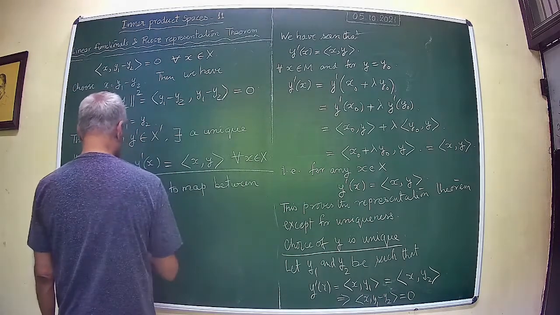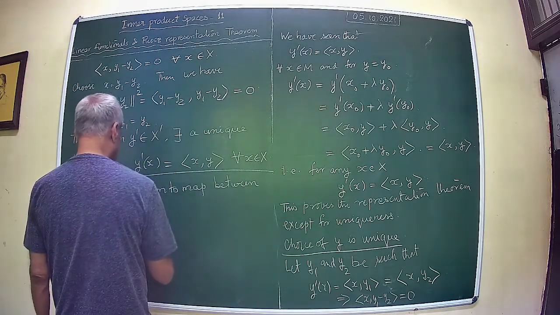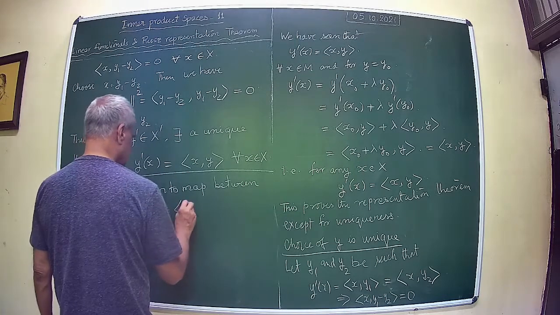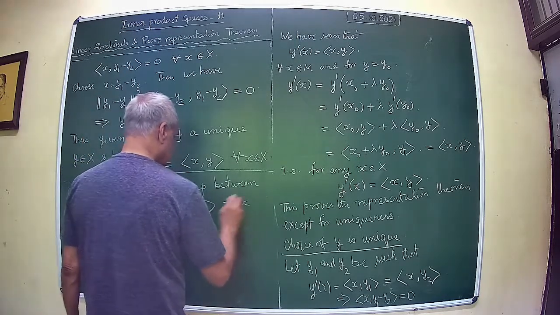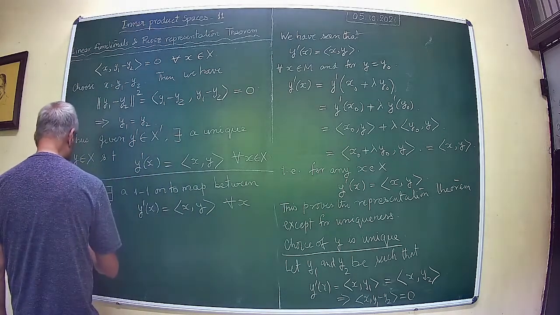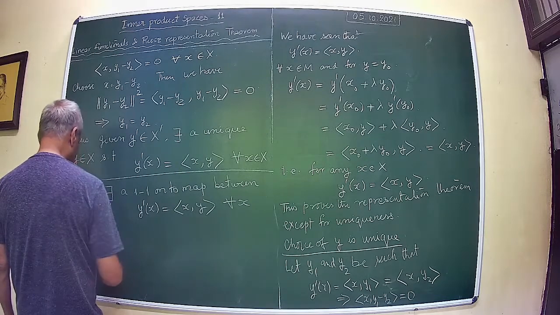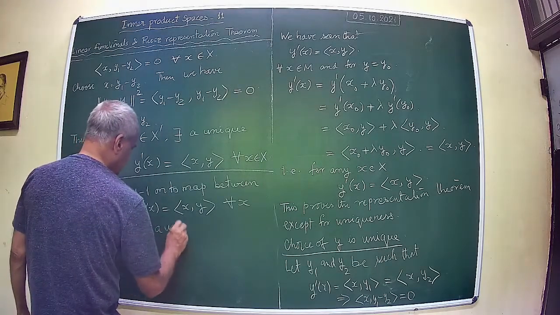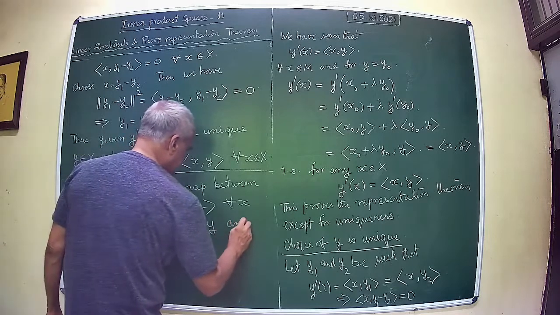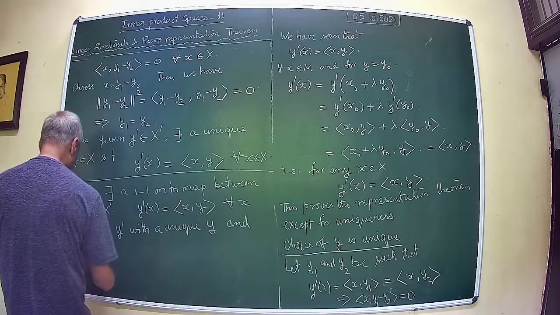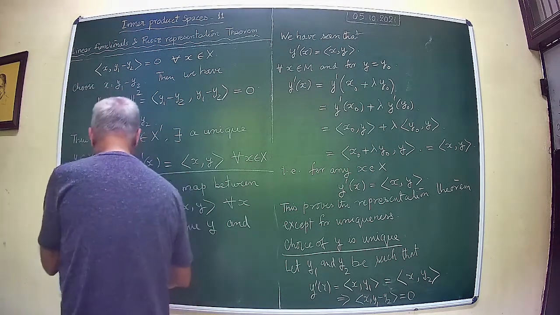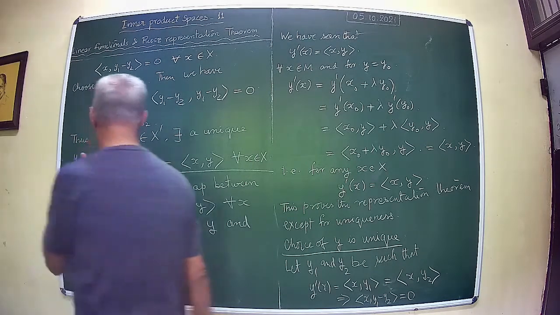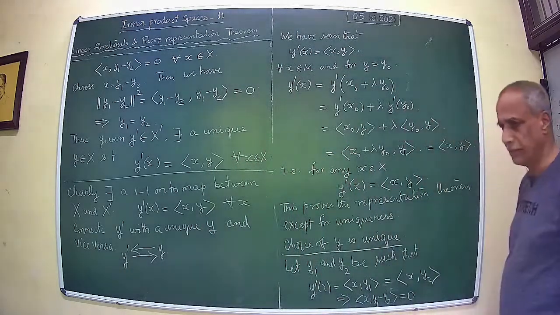That is, the connection is this. Connects, and vice versa. So it's a one-to-one onto map.